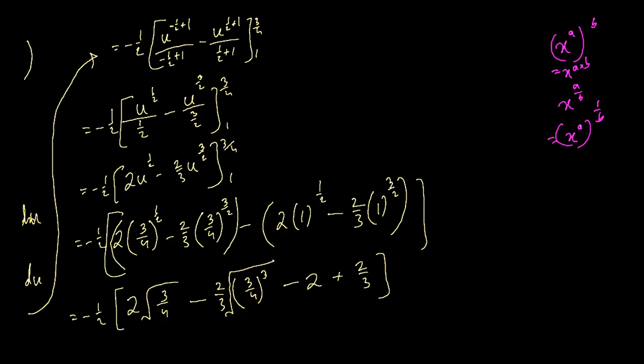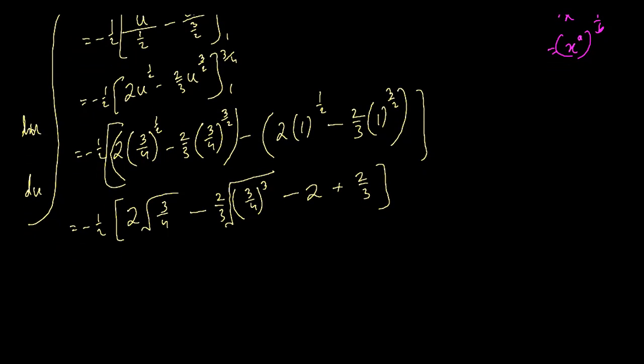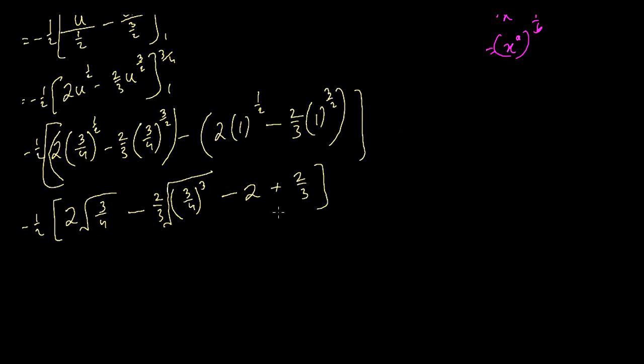So now we have to do some calculation. So this particular calculation is going to be, so minus half 2 square root of 3 divided by 2, square root of 4 is 2, minus 2 by 3.